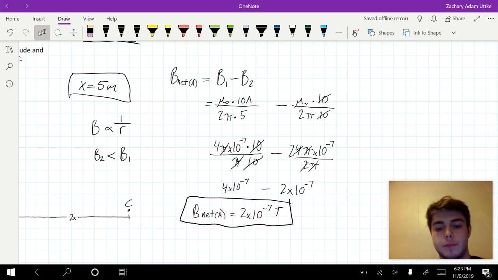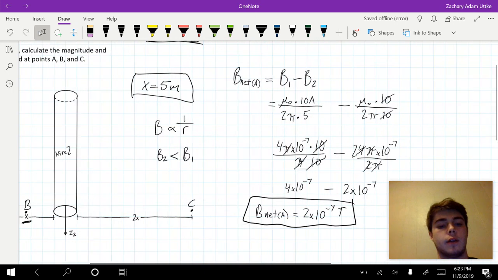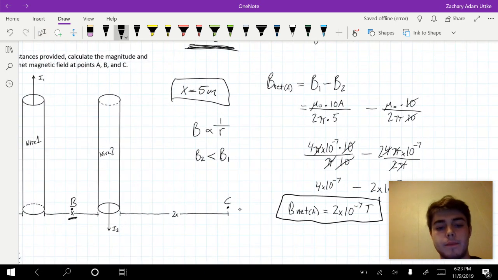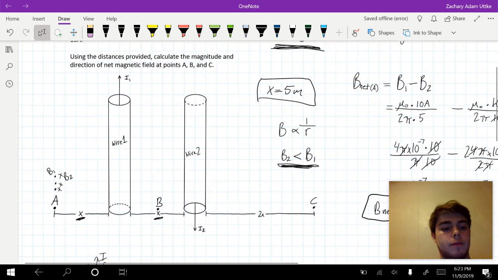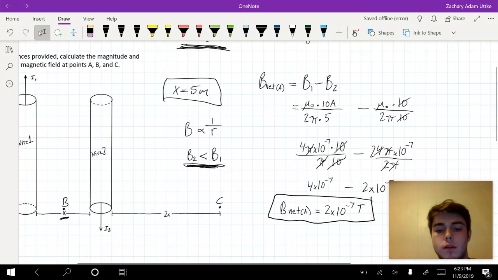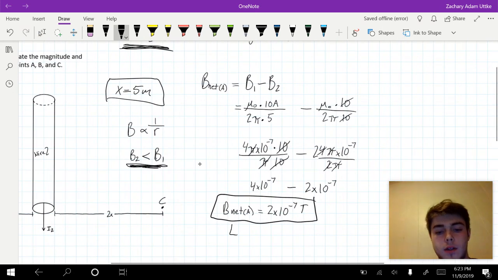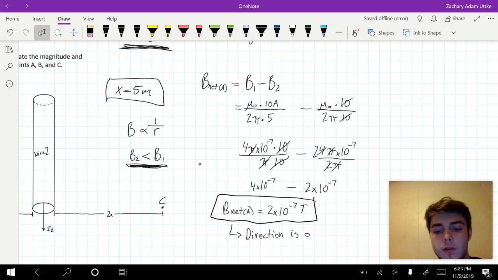So that's our answer for point A. And to also give you the direction, like we said earlier from the conceptual part of it, B1 is greater than B2. So if B1 is coming out, then the direction is out of the page.